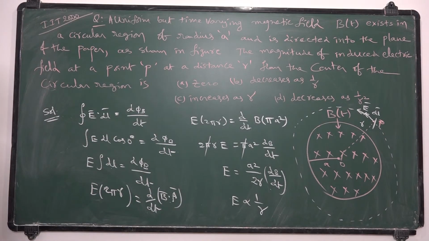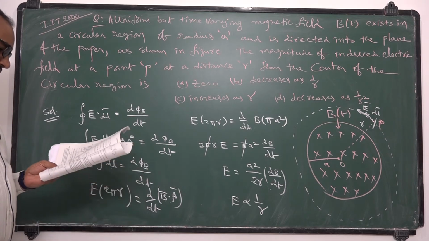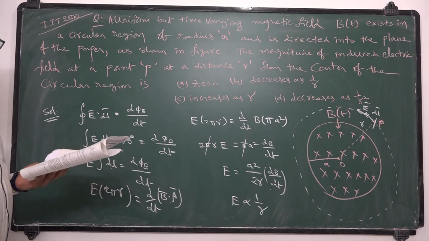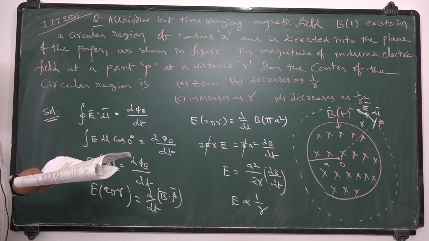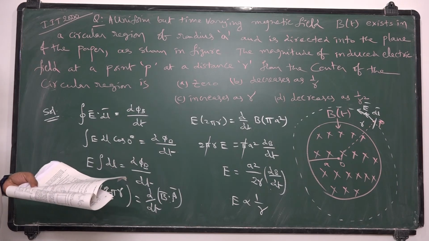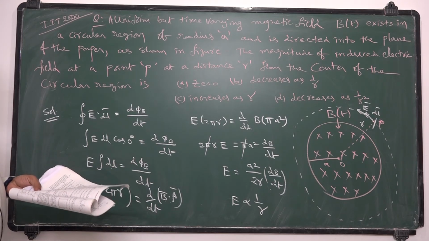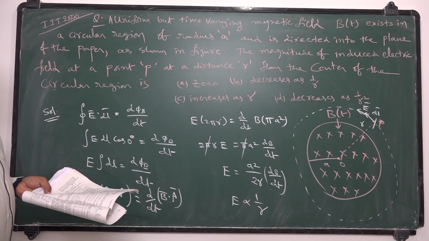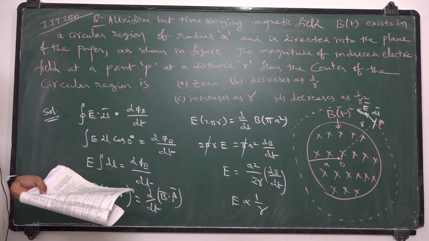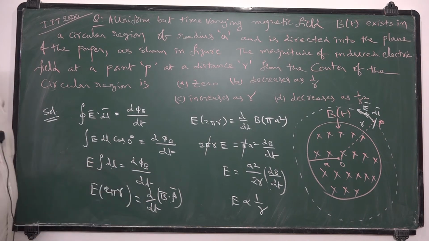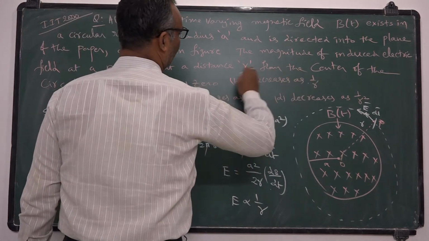So is it going to increase or decrease? That is the major question here. Whether it is going to increase or decrease, obviously the magnetic field is into the paper. Actually E is proportional to 1 by r, and 1 by r is available here.